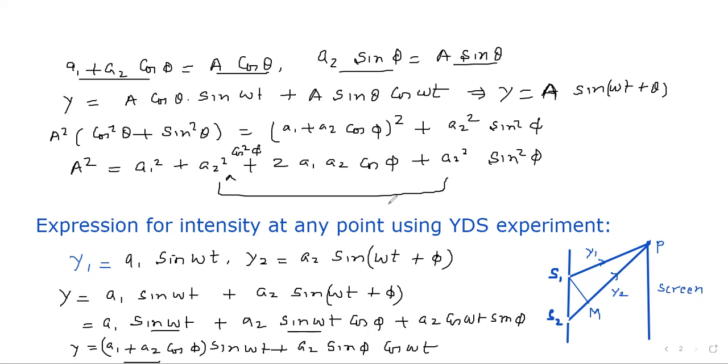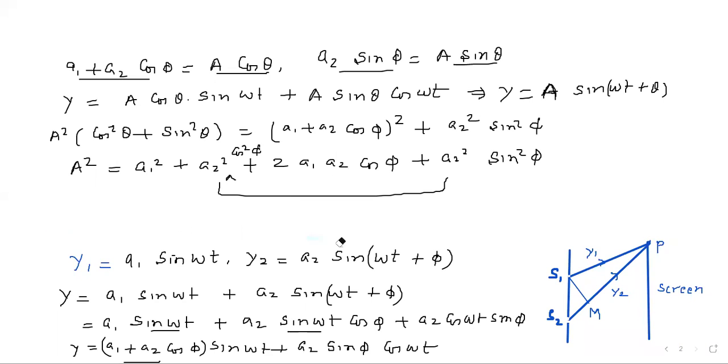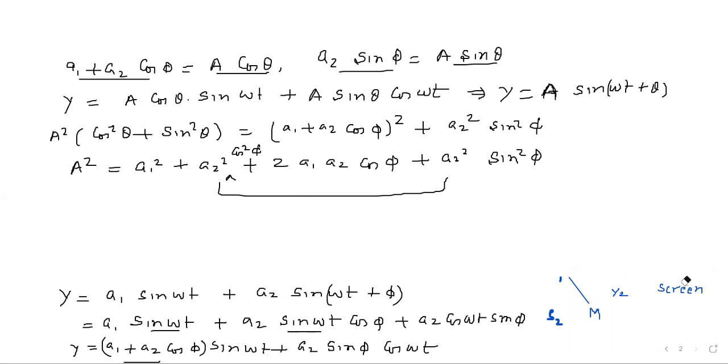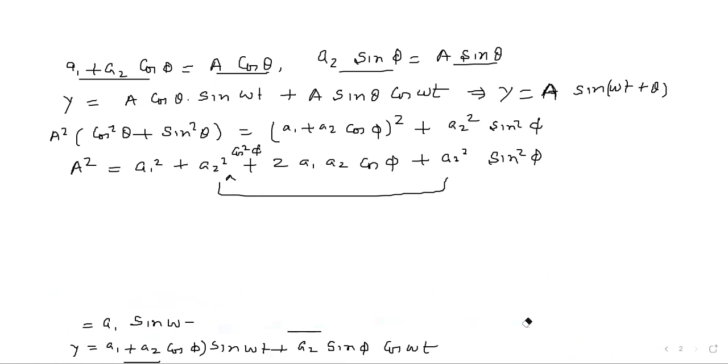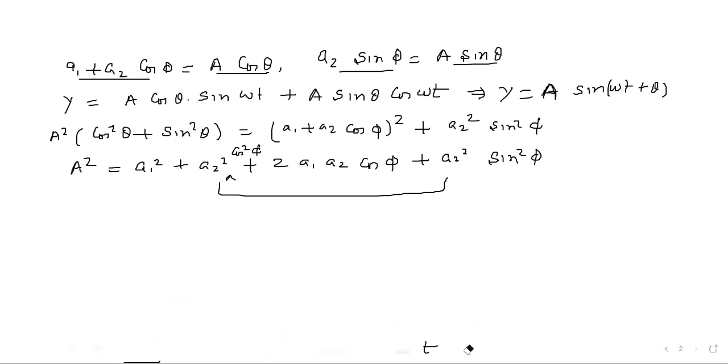Now these two terms will combine, and they will give A square equal to A1 square plus A2 square, within the bracket cos square phi plus sine square phi will become 1. So we write A square equals A1 square plus A2 square plus twice A1 A2 cos phi.